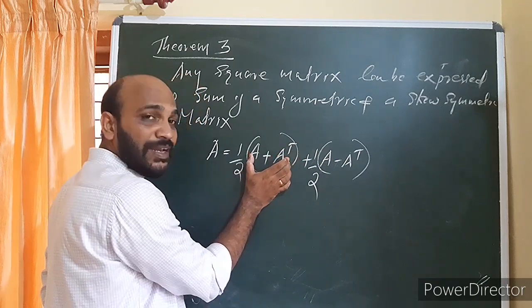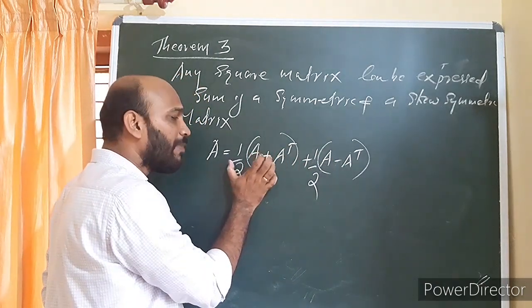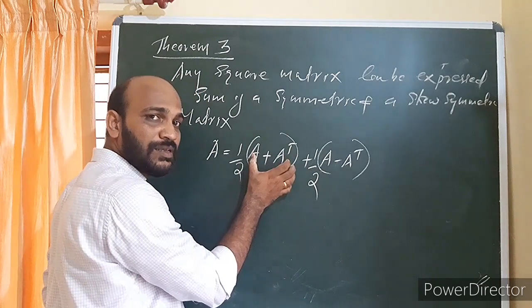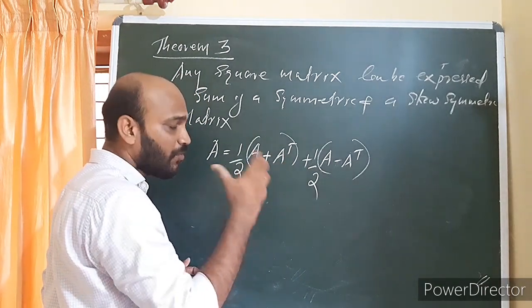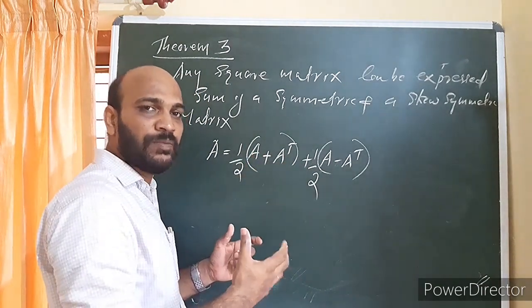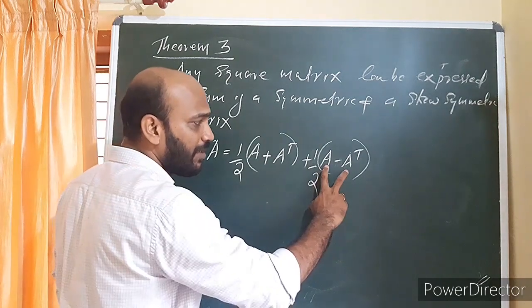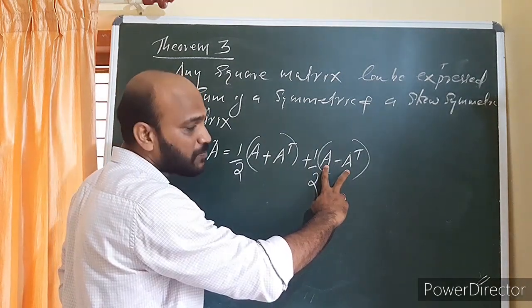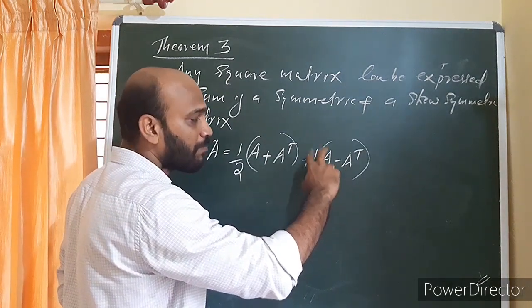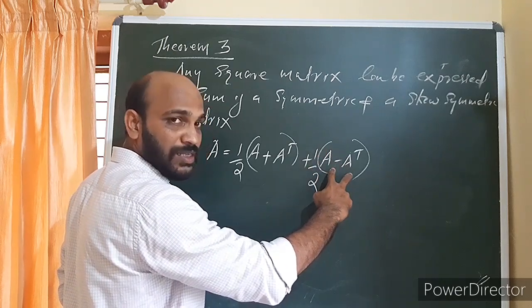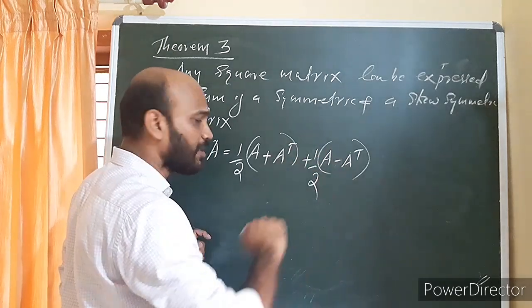We know that A plus A transpose is symmetric. So 1 by 2 into A plus A transpose is again a symmetric matrix. 1 by 2 into symmetric matrix will be a symmetric matrix. Same way, we know that A minus A transpose is skew symmetric. So 1 by 2 into a skew symmetric matrix will be a skew symmetric matrix.